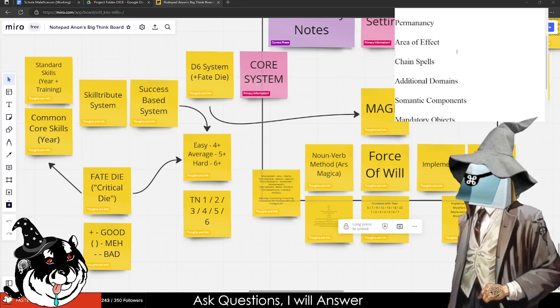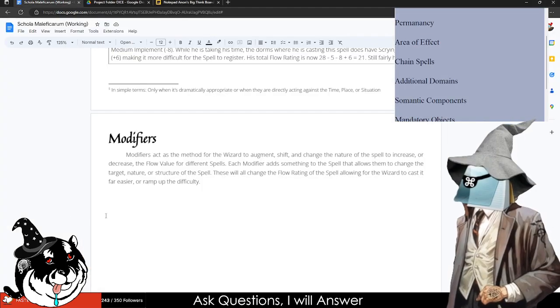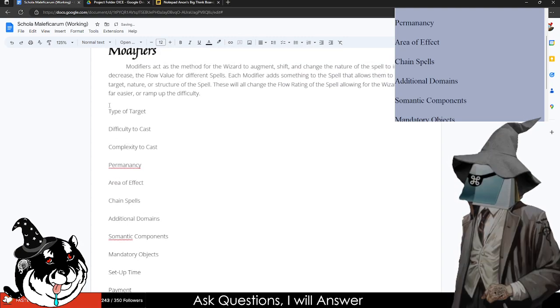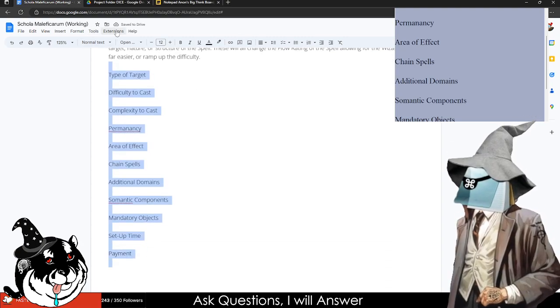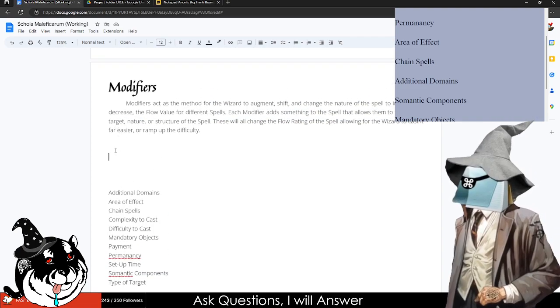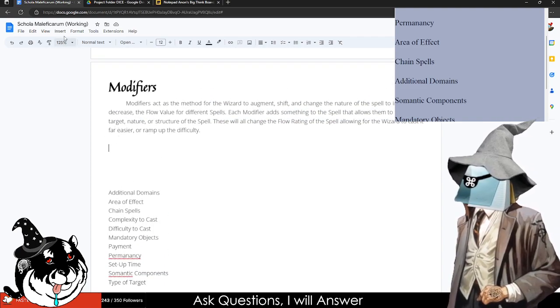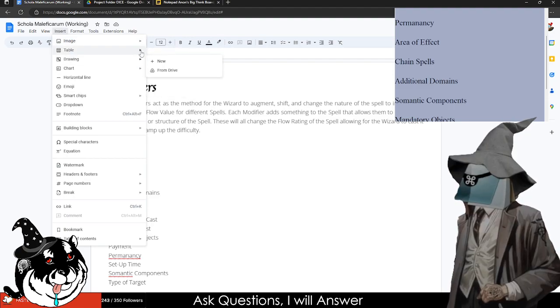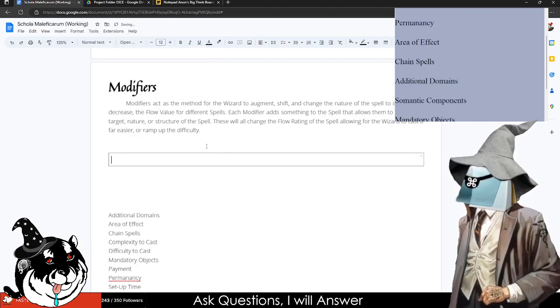I think these are good enough. So if we do something like this, and grab A to Z. Additional domains. Let's call a spade a spade. We're probably going to do something like this.